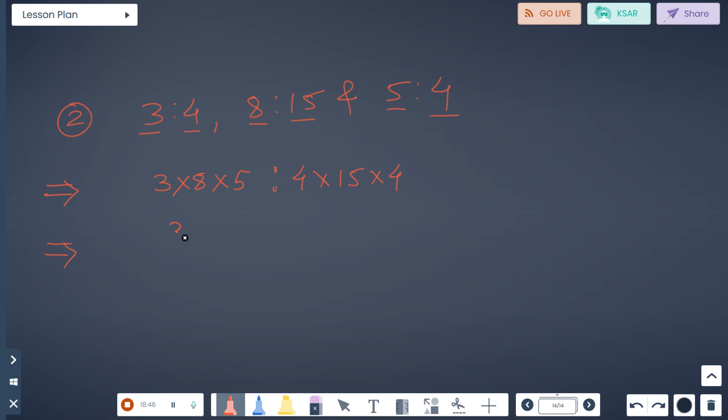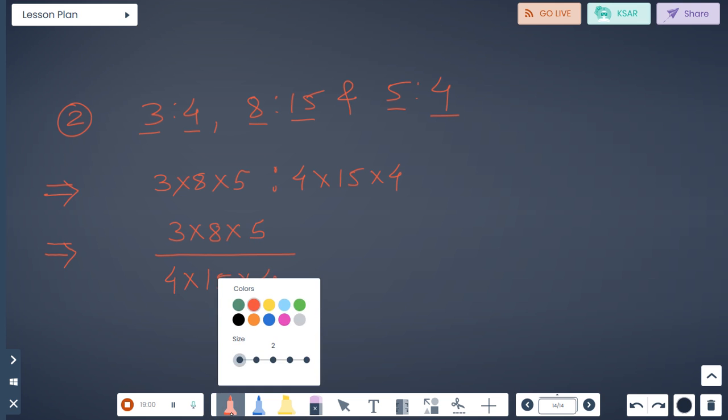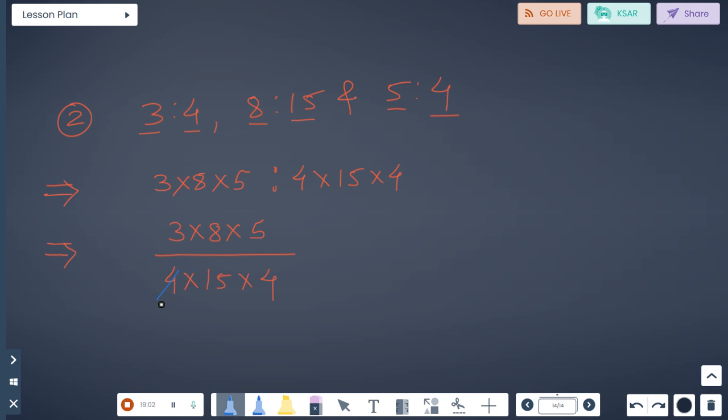After simplifying, 4 gets cancelled with 8 giving 2, and 5 gets cancelled with 15 giving 3, and this 3 and this 3 get cancelled. So 2 upon 4 means 1 upon 2, so the final solution becomes 1 is to 2.